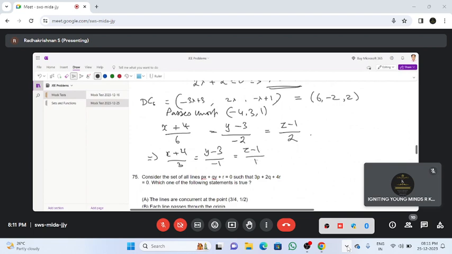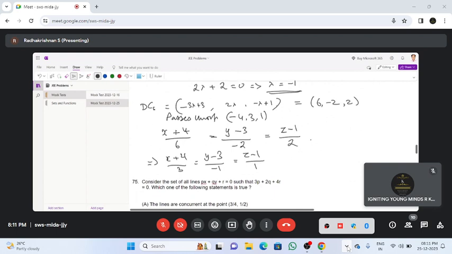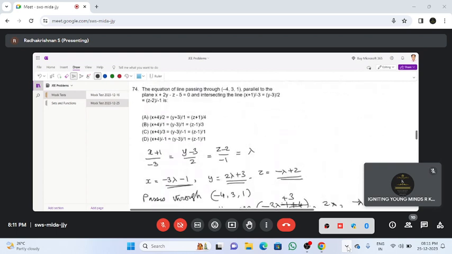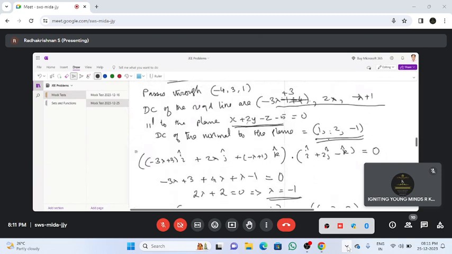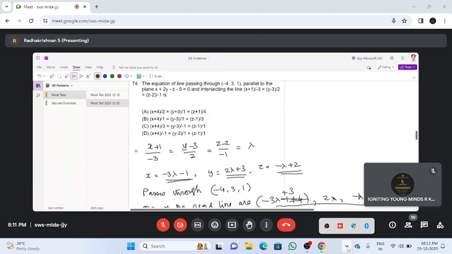Now you see which option. Option C, yeah? 3, minus 1, 1 in the denominator, x plus 4, y minus 3, z minus 1. So option C matches.